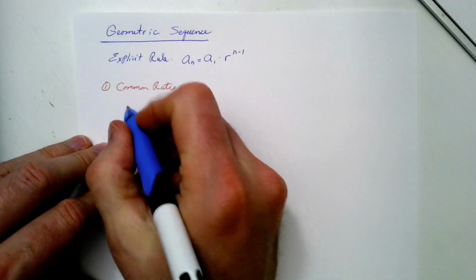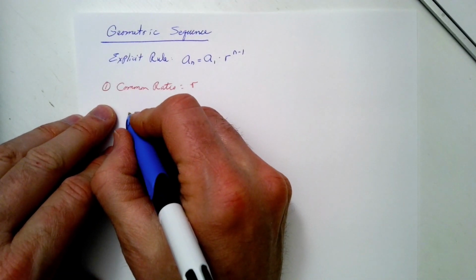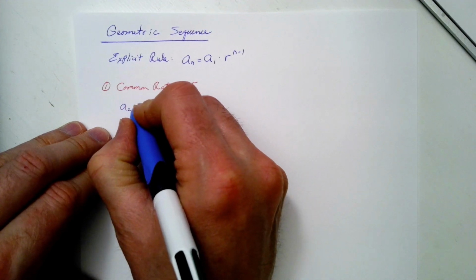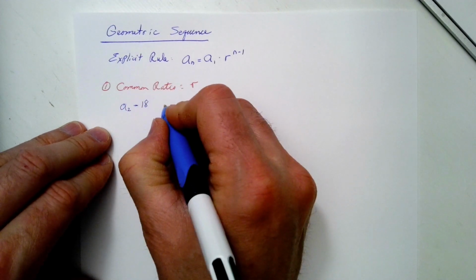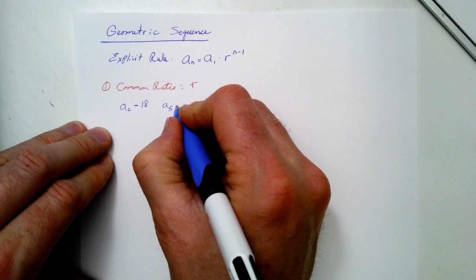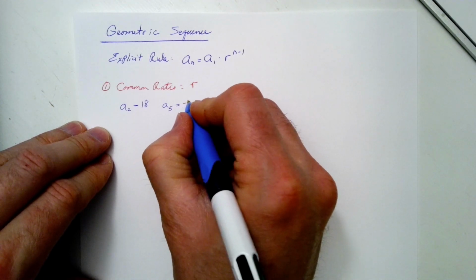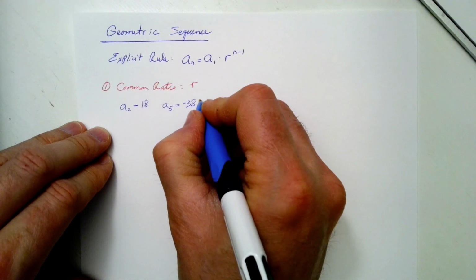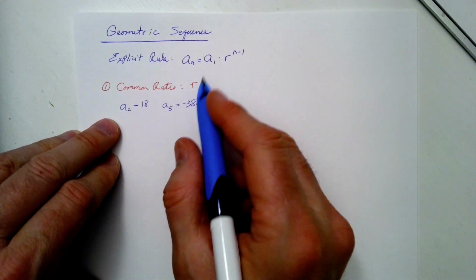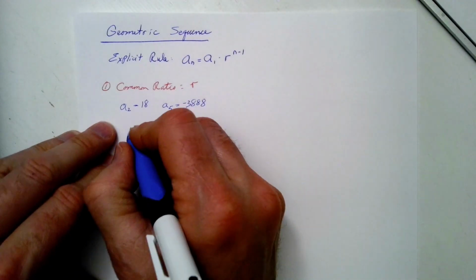So let's go ahead and write down the two terms. We have a2 equals 18, and the next term is a5, and that equals negative 3888. So plugging in, I'll go ahead and write the formula again here.